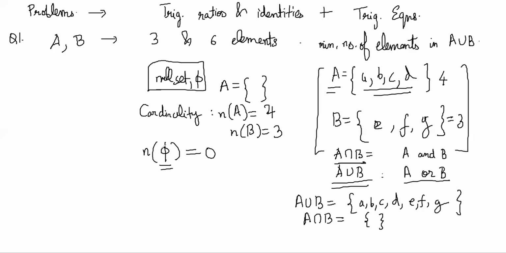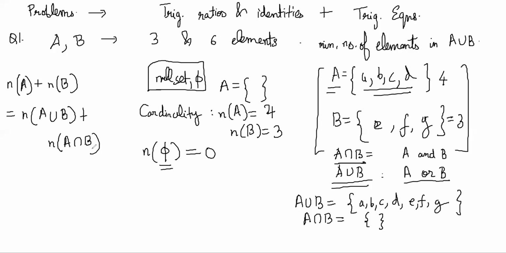Also, we have a simple identity which is n of A plus n of B should be n of A union B plus n of A intersection B. Wait, are you sure that this is correct?